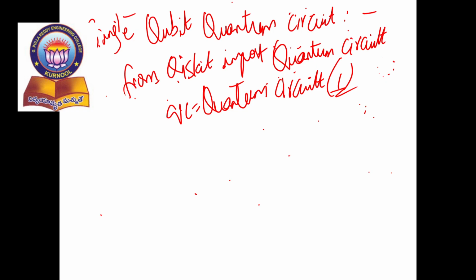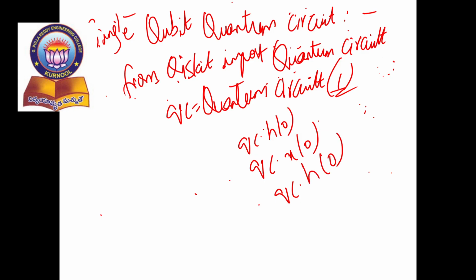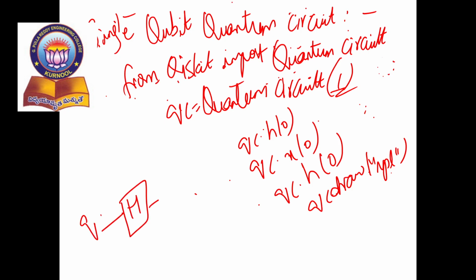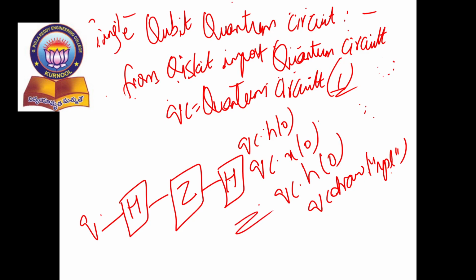We can add more than 3 gates also: QC dot H of 0, QC dot X of 0, QC dot again H of 0, QC dot draw of MPL. So this is one single qubit with H, X, and also H again. This is what we call a single qubit quantum circuit.